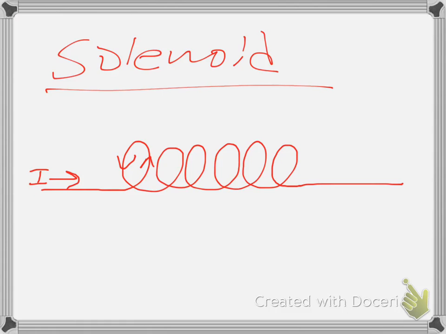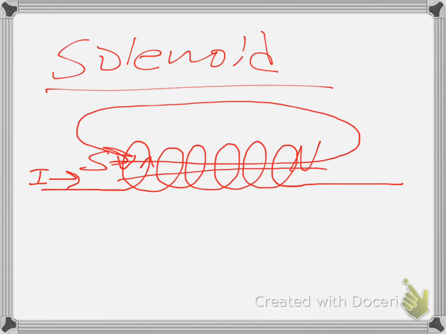You get a magnetic field that would have the North Pole here and the South Pole here, and the field lines would be going through as such. So by using wire, we can create a very strong electromagnet.